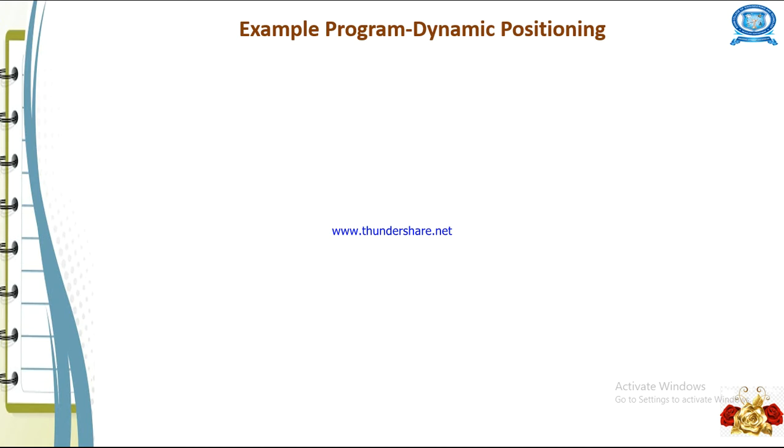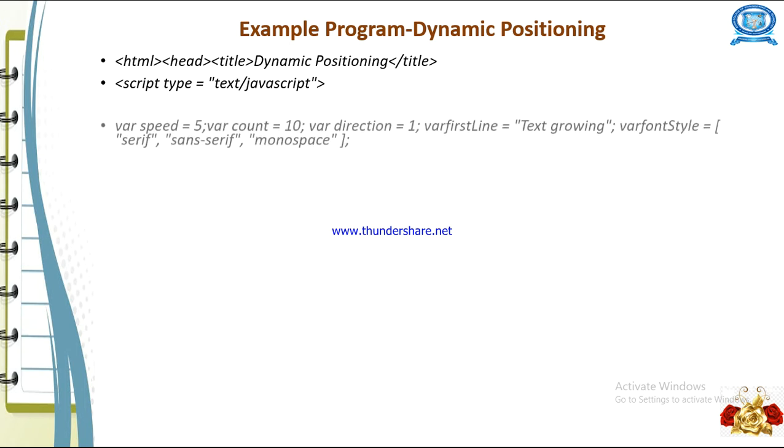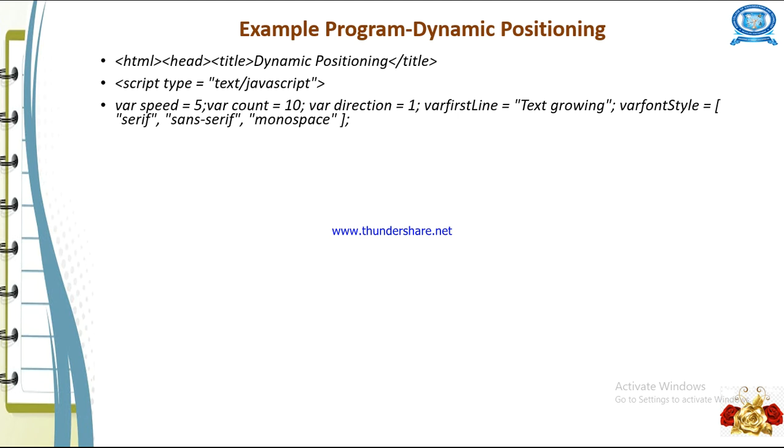That is one example program for dynamic positioning. So see the code of the program. The first line, you know the concept, is HTML, head and title. The title represents the title of the website. Then you know the script type text. Next, the variables speed 5, count 10, direction 1.